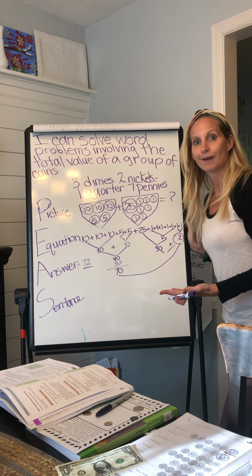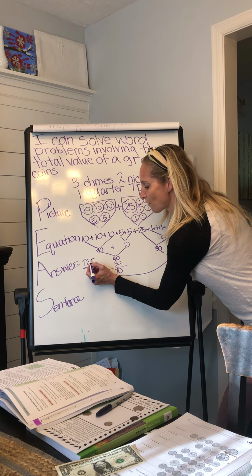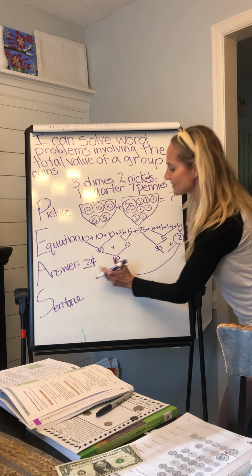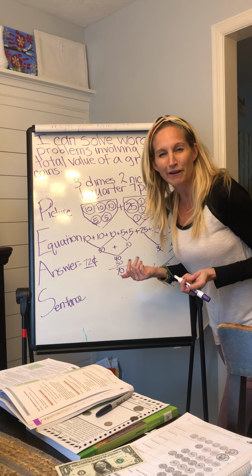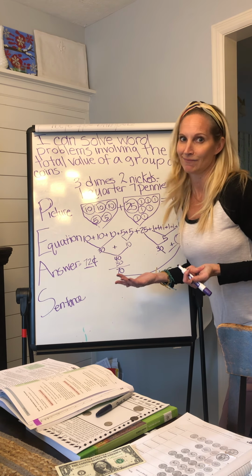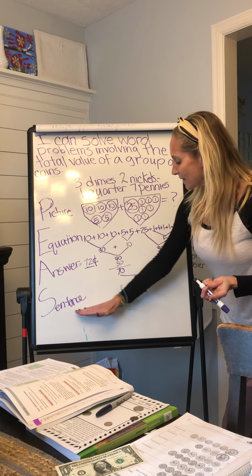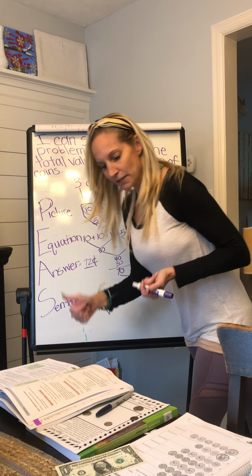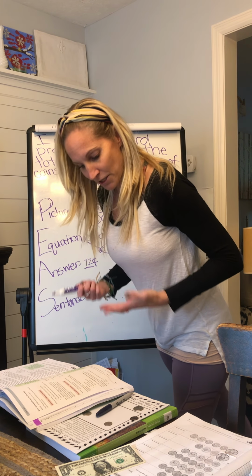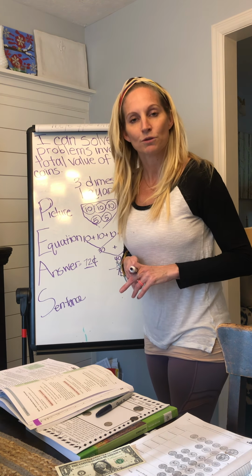72 what? Cents. Make sure you always add your cent sign, because at the end, I could have thought it was dollars. And if I wrote $72, is that right? It wouldn't be right. And then my sentence has to answer my question. And if I go back to my question, it said, how much money is in Ignacio's pockets?